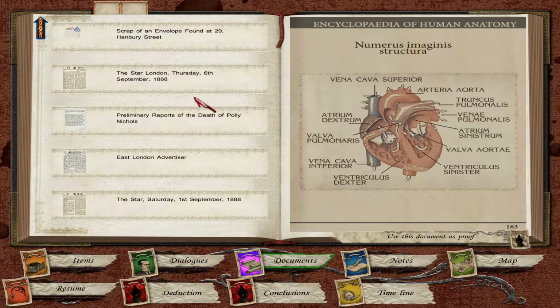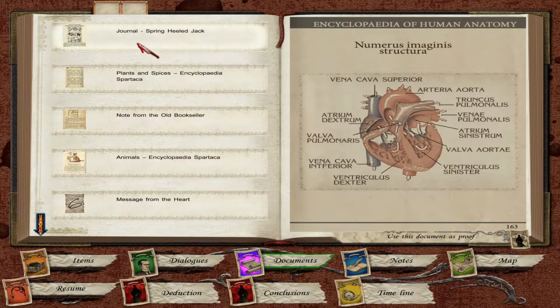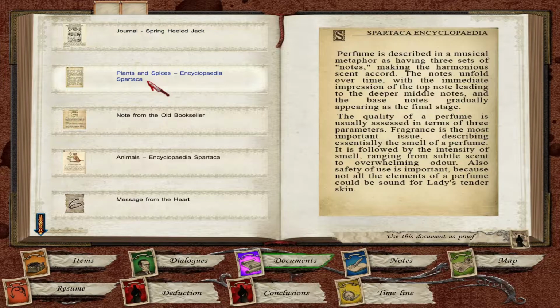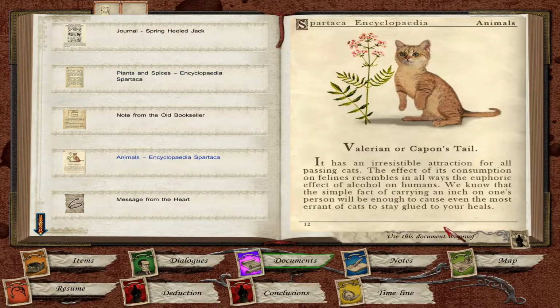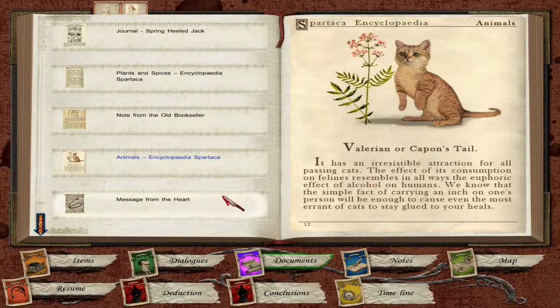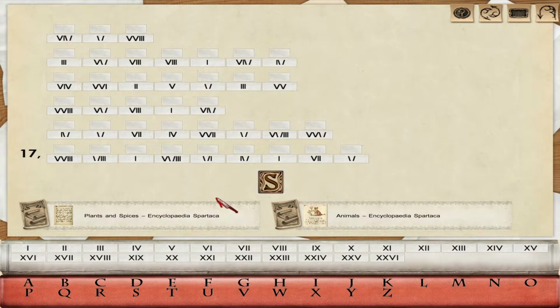No, this is not Spartaca. So I'm guessing plants and spices and animals. Maybe. So, yes.